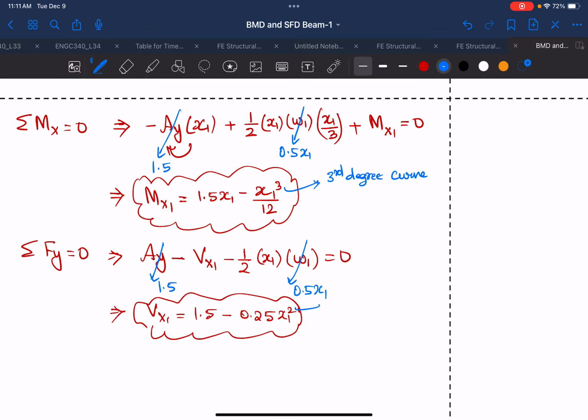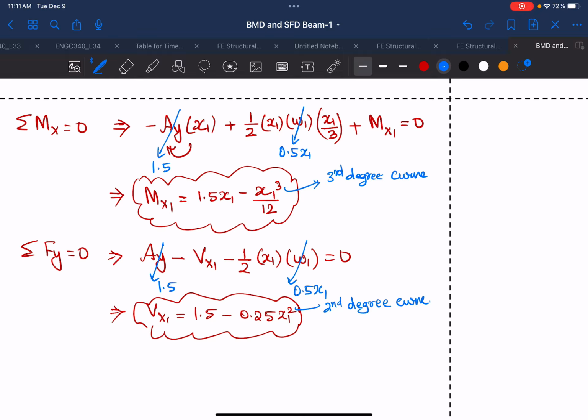Okay, so this is your equation, and this is a second degree curve. So basically what it means is that if the shear force is 1 degree, then the bending moment curve degree will be plus 1. If it is second, it'll be third.